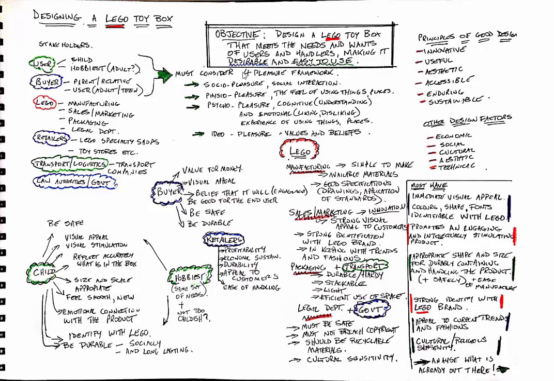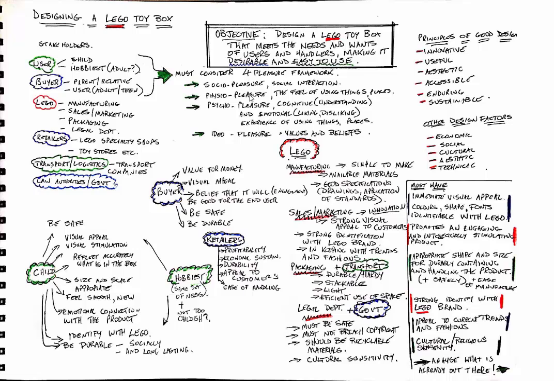Now, I want you to consider this thing called the 4-pleasure framework. We will learn a whole lot more about that later on in the course, but for now, just understand that we look at people's socio-pleasure, how they work with other people, about social interaction; physio-pleasure, the feel of things that are used, plus things like the safety of it, or its ergonomics, how well the thing you're designing actually works.